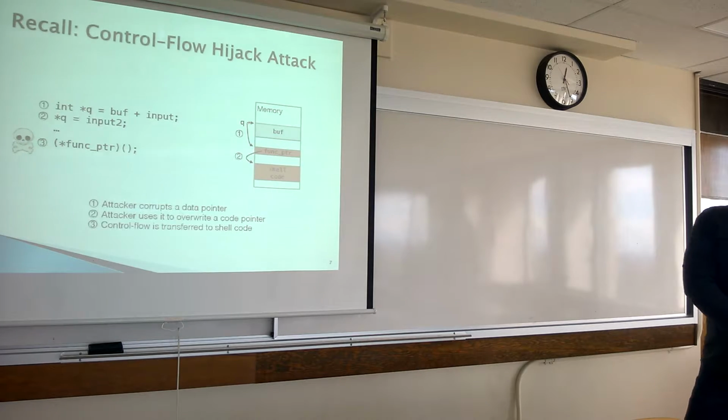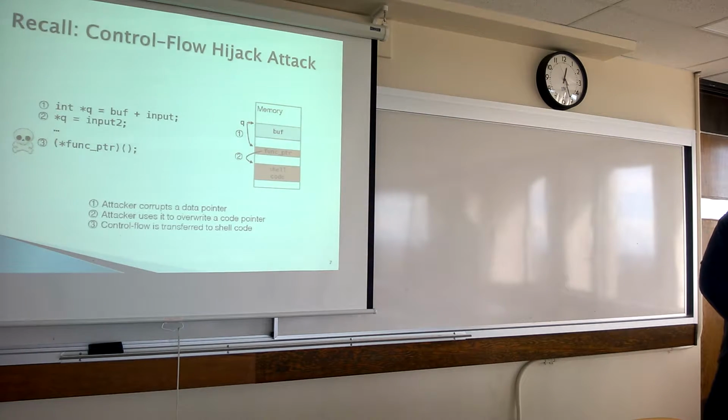So what is it doing? In the first line, it is allocating memory, and in the second line, there is the input. So this is where Q points to the function pointer, or where the attacker wants to point. What happens at the dereferencing? That is the problem part.